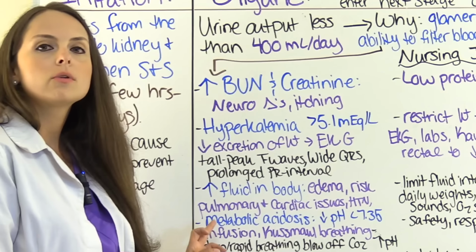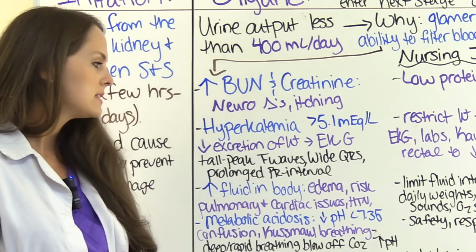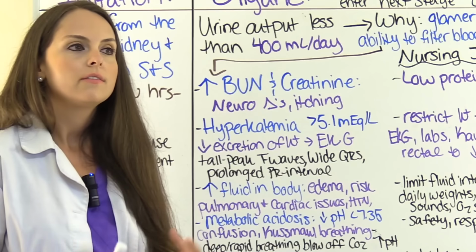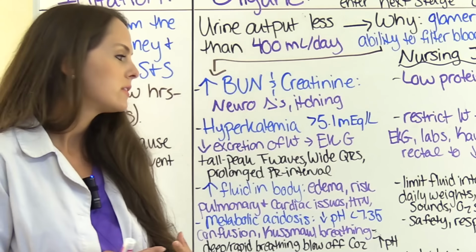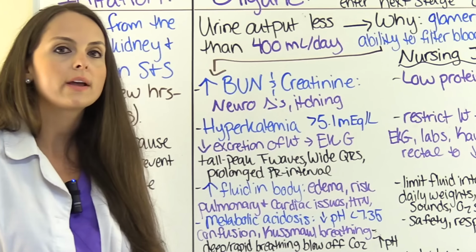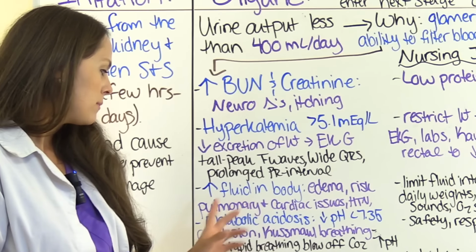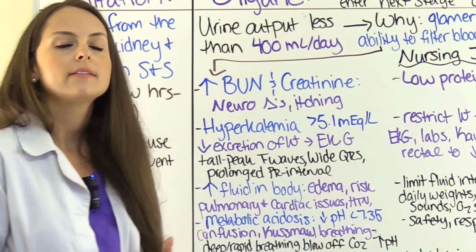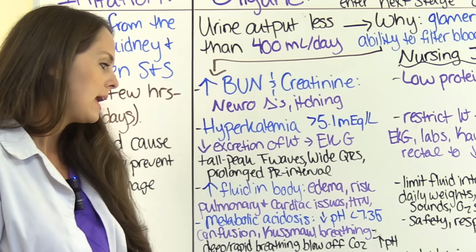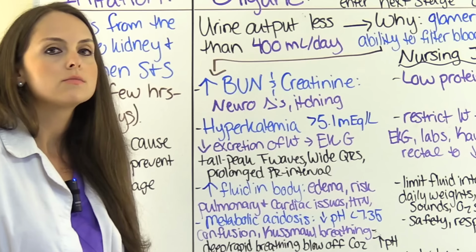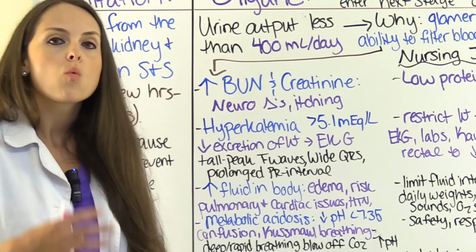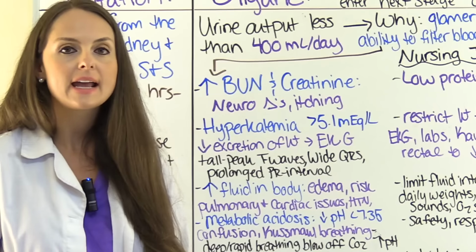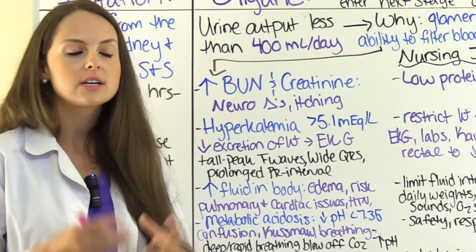Okay, next they can go through what's called metabolic acidosis, and this is because you have decreased excretion of those hydrogen ions, so you're getting very acidic blood, and their blood pH could be less than 7.35, and they may present with confusion with that, along with the increased BUN and creatinine level too. They may be doing a type of breathing called Kussmaul breathing, and this is a deep, rapid breathing, and it's your body's way of trying to compensate to increase that blood pH because it's very acidic.